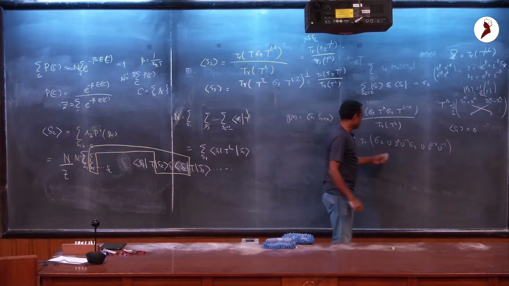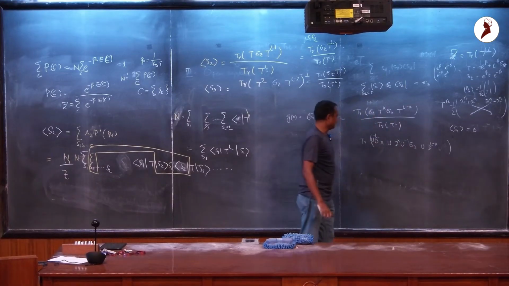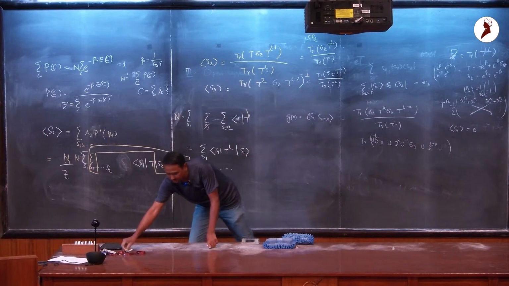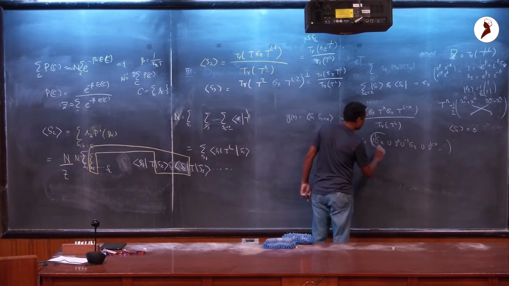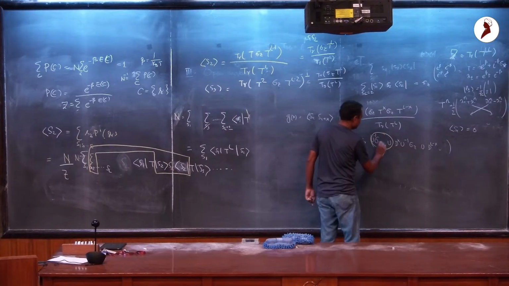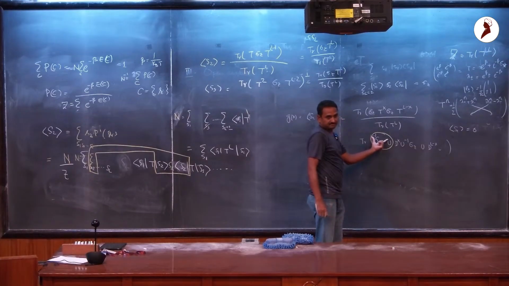And this u inverse, you can bring it here because of the cyclic property of trace. So then u inverse sigma x u, then sigma z, u inverse sigma z u is just sigma z prime. It's a matrix in a different representation.